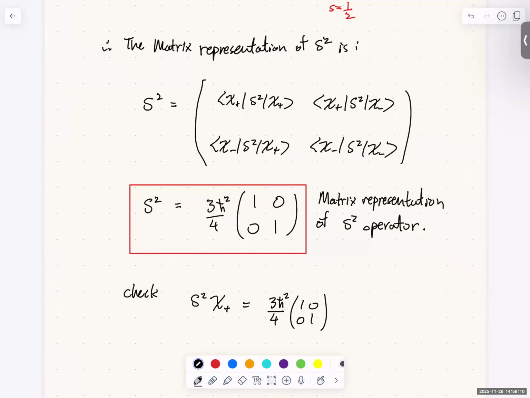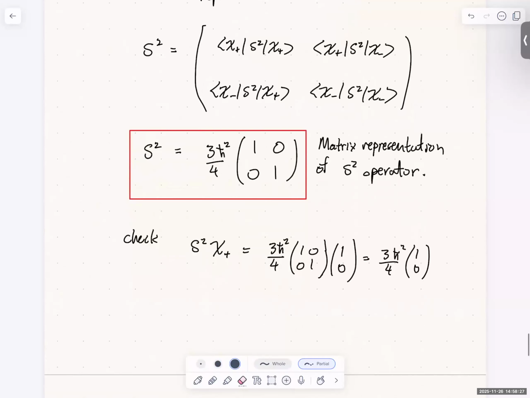So it doesn't matter what kind of column matrix I put here. I'm just going to get that column matrix back again. And so this is going to be equal to 3 h bar squared over 4 times (1, 0), which is the same thing as 3 h bar squared over 4 chi plus. And there's our eigenvalue equation worked out using matrix algebra. There's the eigenvalue. This is equivalent to s times (s plus 1) times h bar squared.